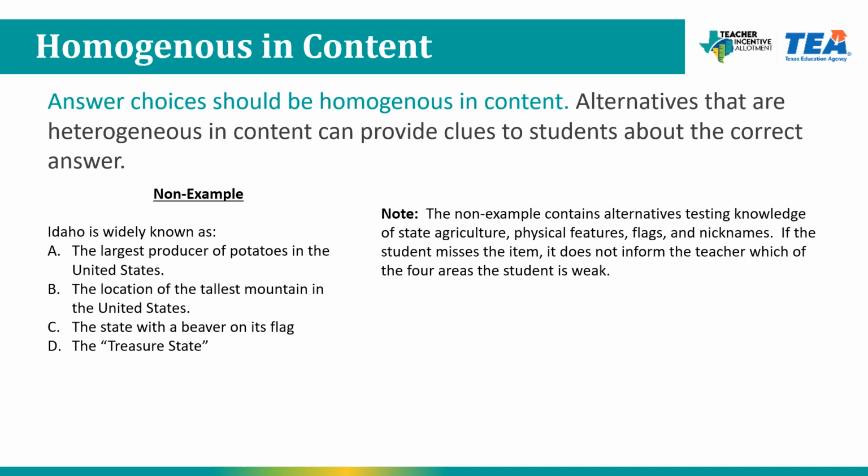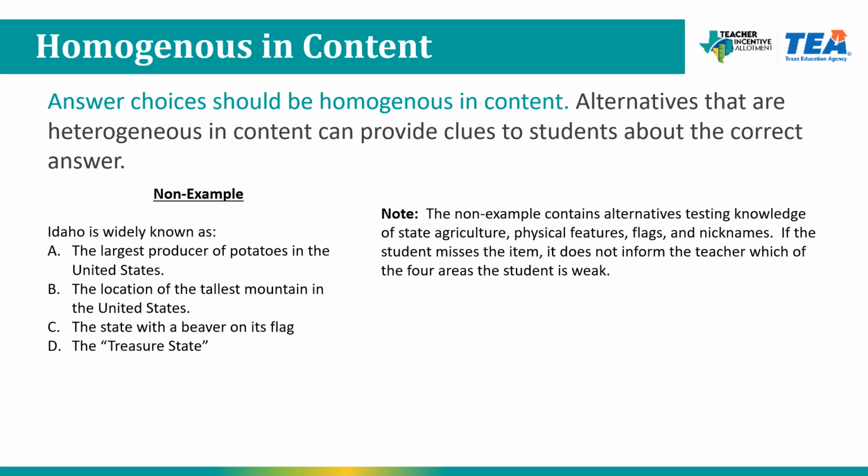Answer choices should be homogeneous in content to avoid inadvertently providing clues to the correct answer. In the non-example, where the question touches upon various topics like state knowledge, agriculture, physical features, flags, and nicknames, a student's incorrect response doesn't reveal where their weaknesses lie. It becomes challenging to discern whether the student lacks knowledge in state agriculture, physical features, flags, or nicknames.